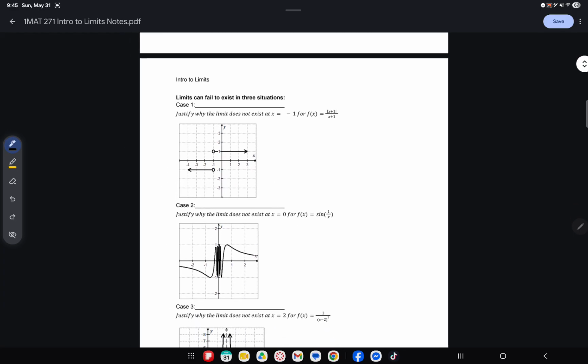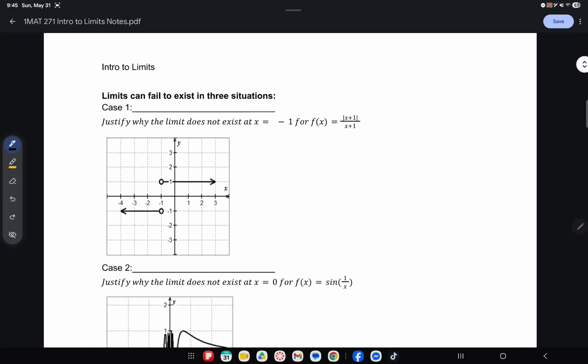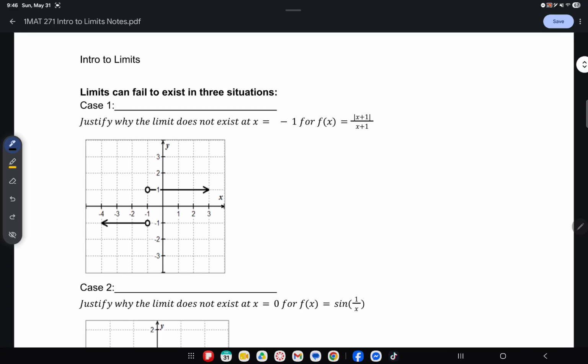All right, there are 3 cases as to why a limit might not exist. So the first case is that the different sided limits don't exist. So I'll say differing sided limits.